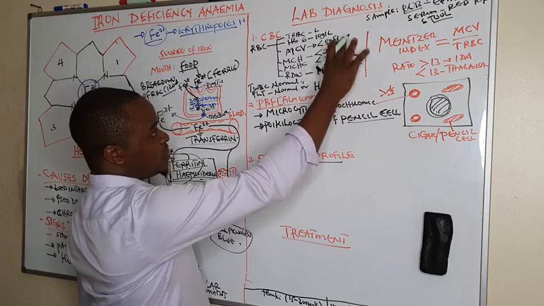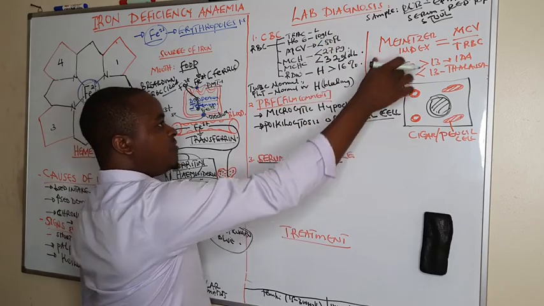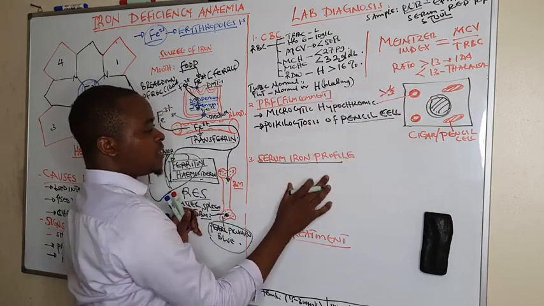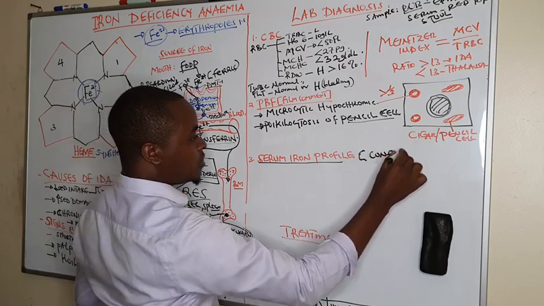Whenever you get a CBC like this, you get a film comment like this, and you have done even your Mentzer index, the confirmatory test is serum iron profile.